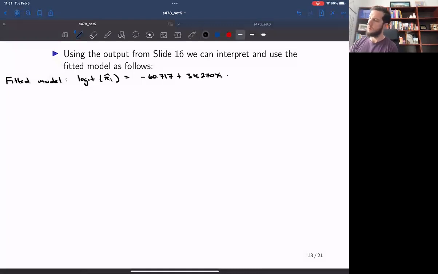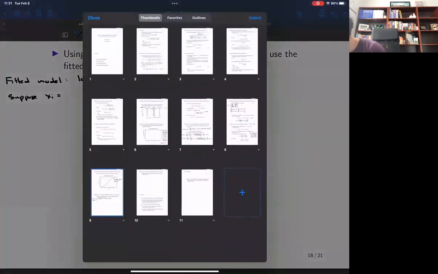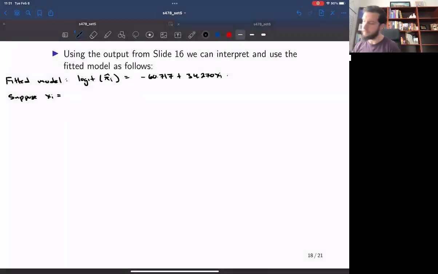Okay. All right, so let's suppose xi is equal to, I don't know, let's pick a dosage level somewhere in the middle. So maybe we'll go with 1.8, okay?